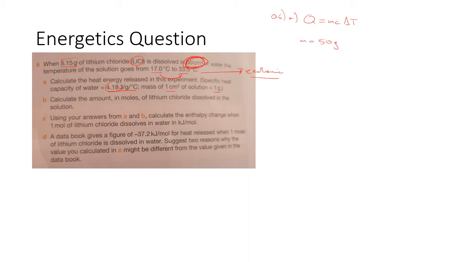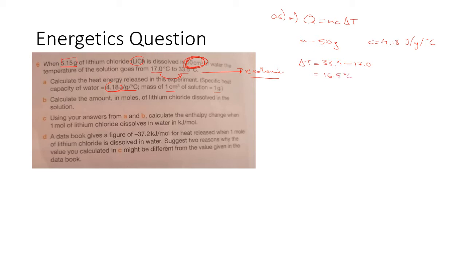The specific heat capacity we're being told is 4.18 joules per gram per degree Celsius, and delta T equals 33.5, which is the final reading, or the largest reading in any case, minus 17.0, which is the initial reading. If we compute that, check with your calculator, this is equal to 16.5 degrees Celsius.